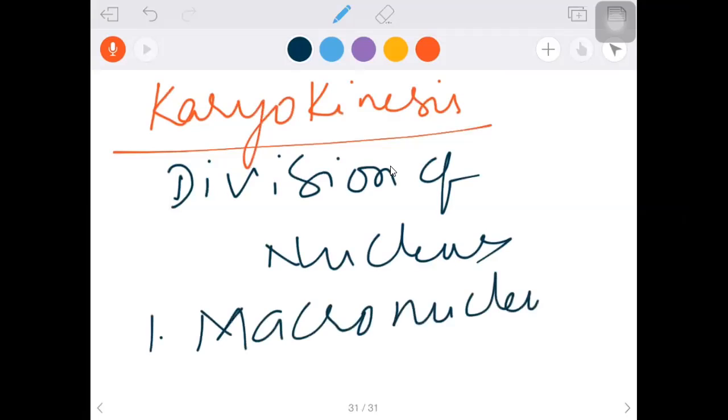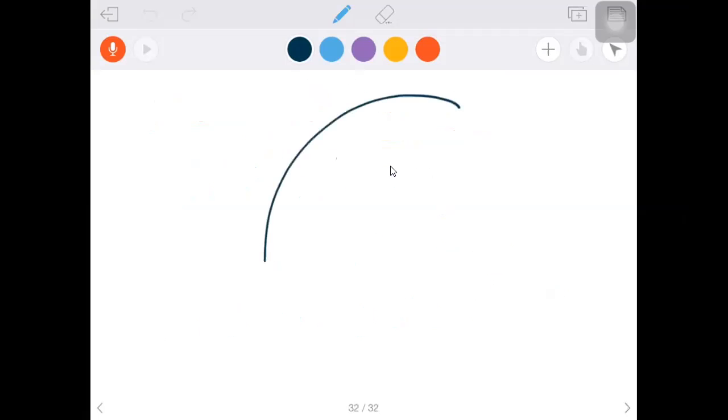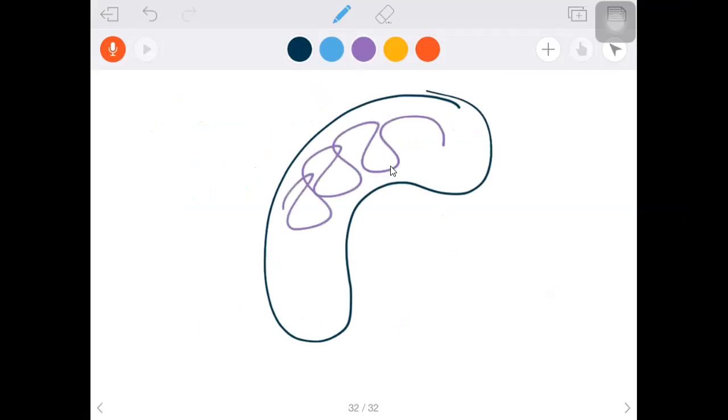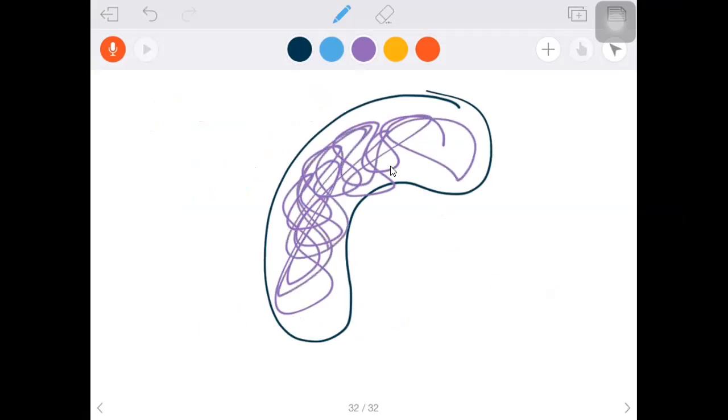First, let us see the karyokinesis, division of nucleus, in the macronucleus. How does the macronucleus appear? This is a bean-shaped macronucleus. This is the chromosomal content present in the macronucleus. Nothing else happens here. The macronucleus just elongates and divides.